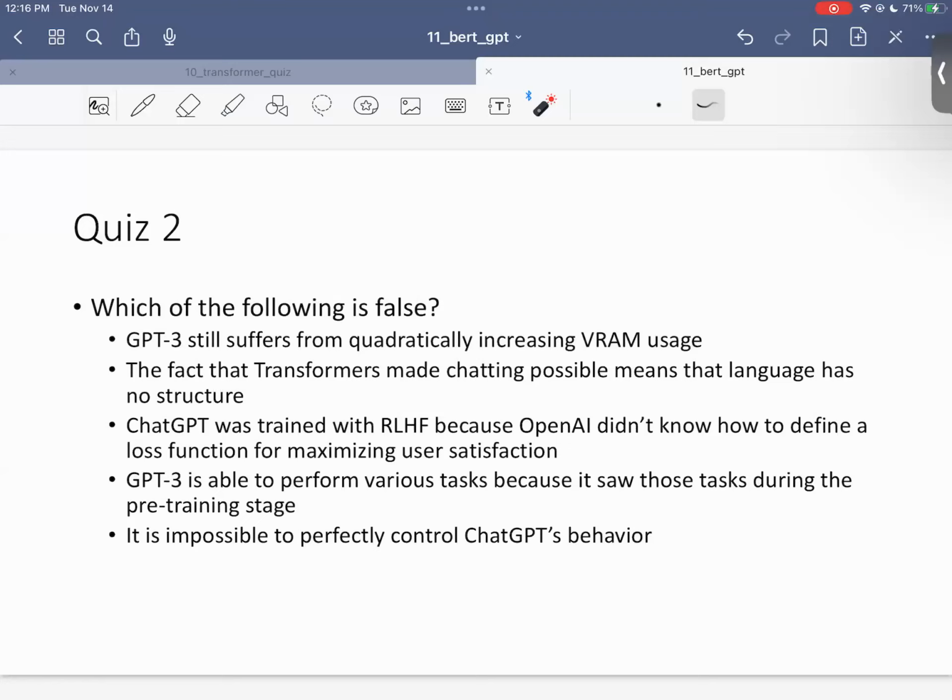In a little more detail, you could do reinforcement learning with a human in the loop, because every time ChatGPT produces something, people can sit and give a score, and that can be incorporated into the model weights using backprop, using RL.